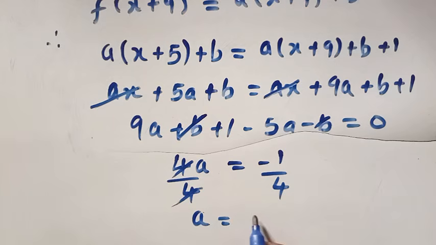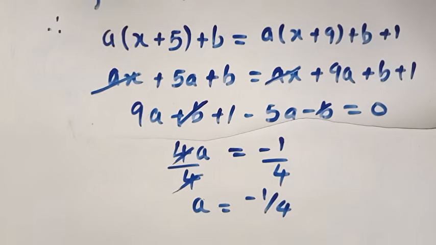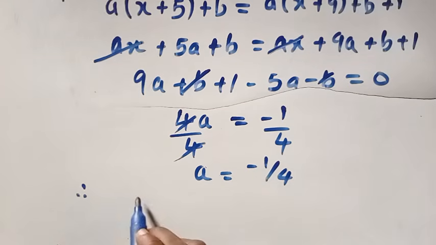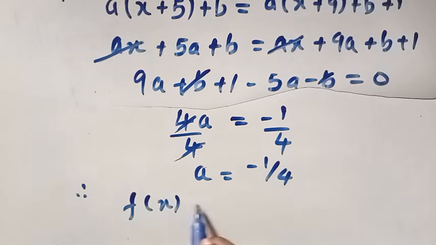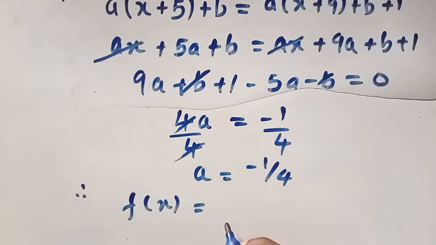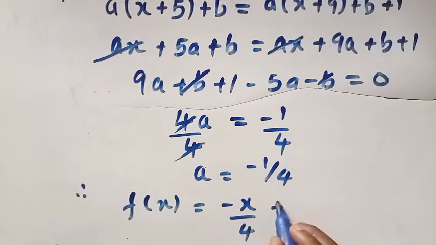The result of a gives us minus 1 divided by 4. Since b cancelled, we can now conclude that our f of x, substituting the value of a in the linear function that we guessed, gives us minus x divided by 4. Don't forget a constant value.